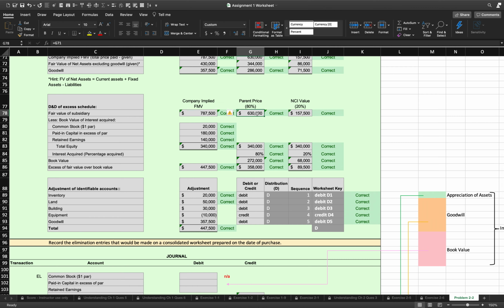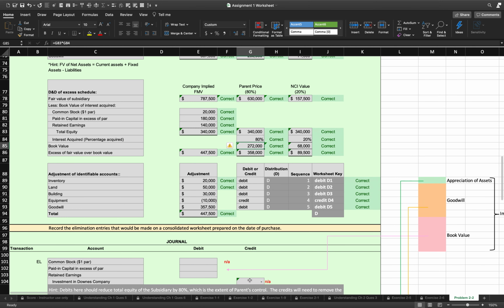Starting off with the 630,000, we know, if you add these two amounts up, the sum total is 630,000. So we're going to start chipping away at this. Let's first get rid of the book value, the 272,000 amount, because remember, the investment in Downs Company is currently at 630.